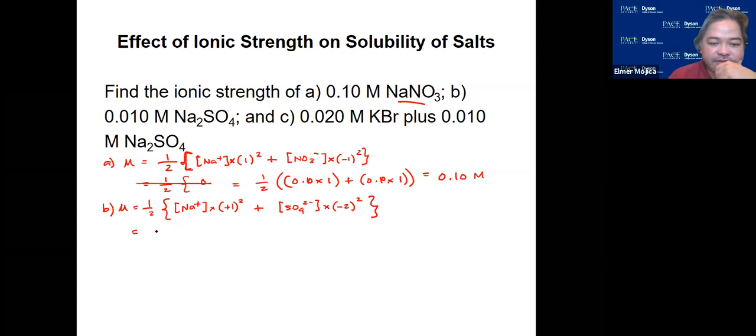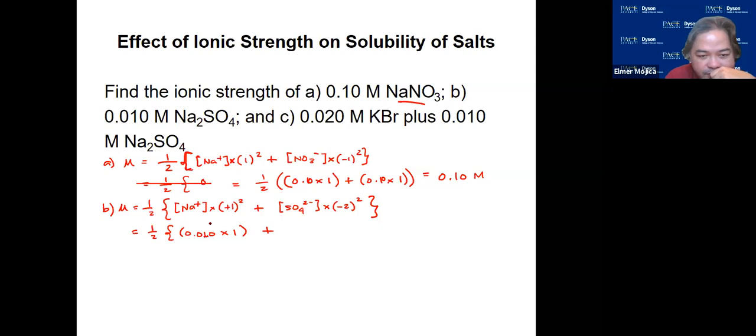So what I'm going to do now is replace it with the concentration that I have. So I have 0.01. Right? And then here, how many sulfate do I have? No, this is not 0.01. This should be 0.02, because I have 2 sodium ions per every sodium sulfate. Okay? And this one is still 0.01, but I multiply it now by 4.